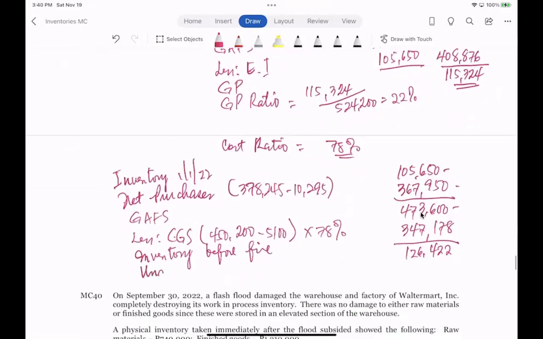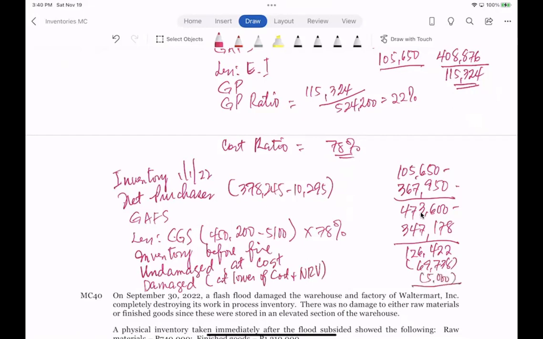The company determined the cost of inventory not damaged to be 69,738, so undamaged, at cost. Deduct this because we are looking for inventory destroyed. The damaged inventory will have to be deducted at the lower of cost and NRV. So cost is 15,000, but estimated realizable value is 5,000.